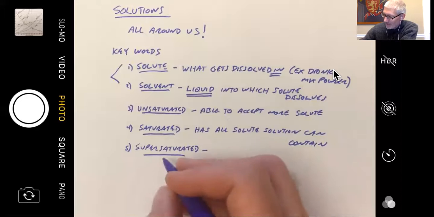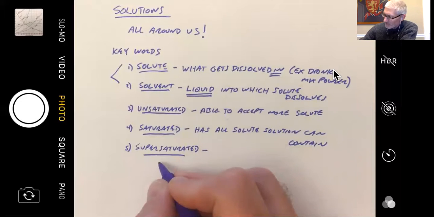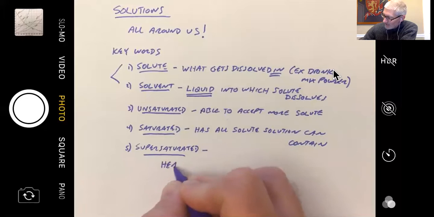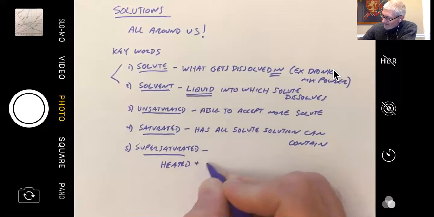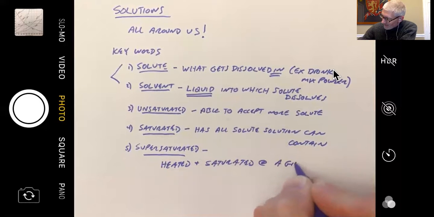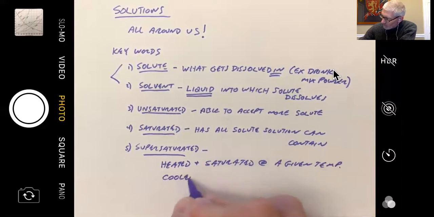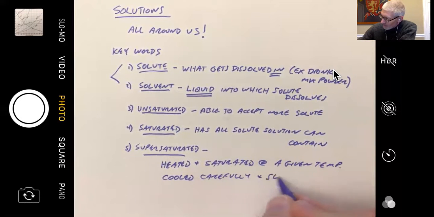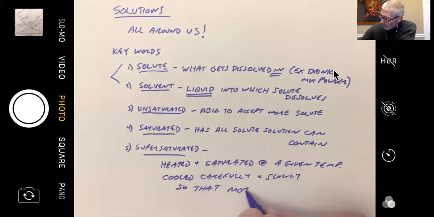So supersaturated is a very specific type of solution. It's generally heated and saturated at a given temperature, then it is cooled carefully and slowly so that more solute is dissolved than should be.